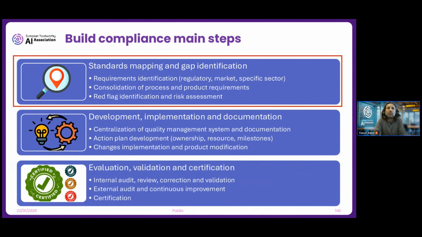If we go now to how to build compliance, the main steps: we have the mapping and the identification of gaps. So we should identify or verify all the requirements about regulation, market, specific sectors, etc. The second one, we consolidate the process and the requirements about the product or service.